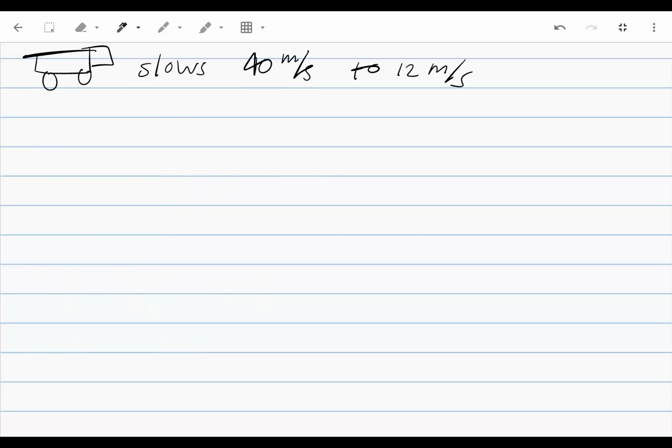But during this time, he did travel 800 meters total. And you're asked to find the average acceleration. And then how long did it take to decrease its speed?